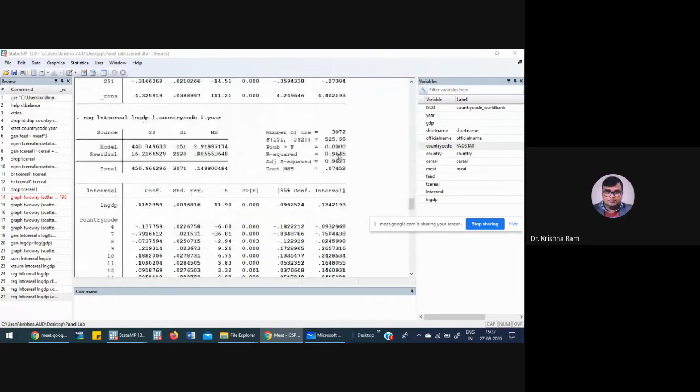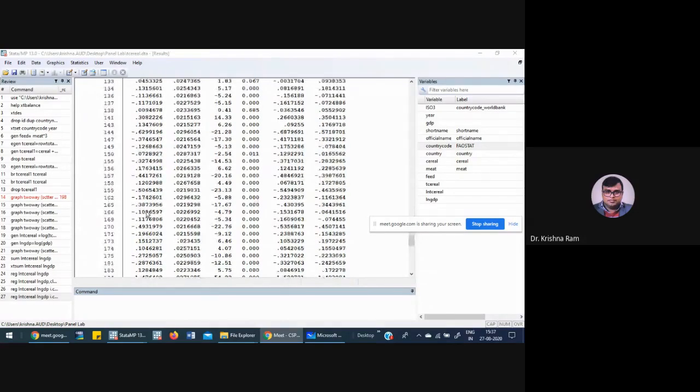When I included time dummy, R square increased a bit, the coefficient of log of GDP declined by 0.04 point, and again almost all time dummies are statistically significant.